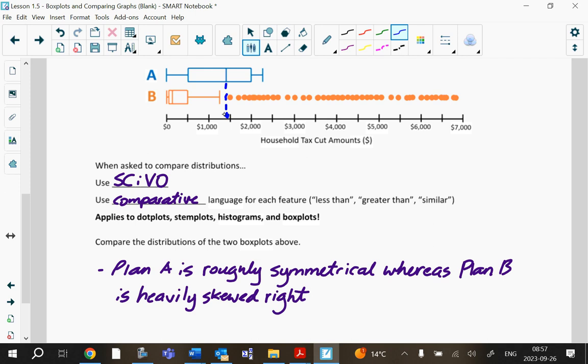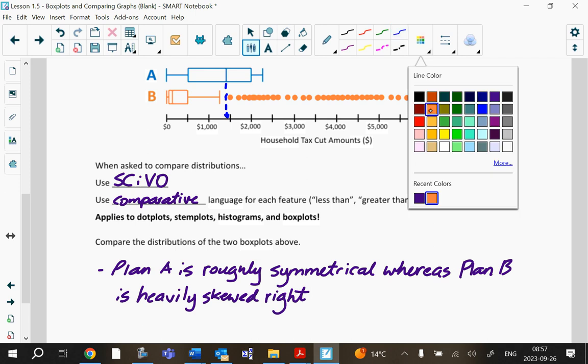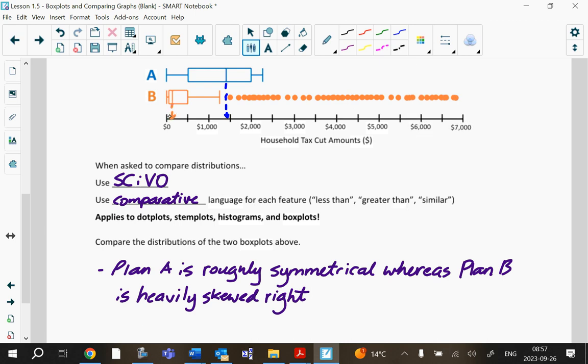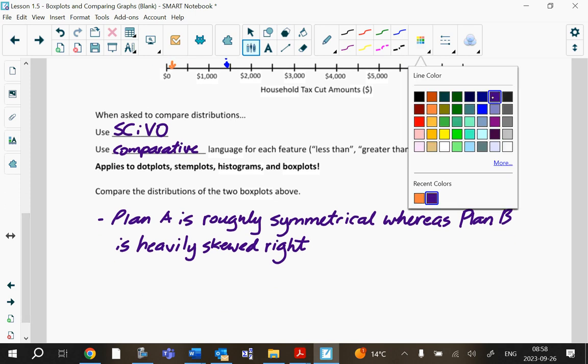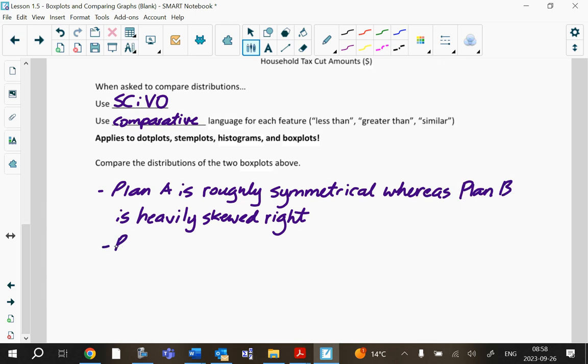How about plan B? Here, 30? 100 to 200? Somewhere around there? Sure, 100, 200 is good. So we would say plan A has a median of about, and I'll just even put in 100 to 200.